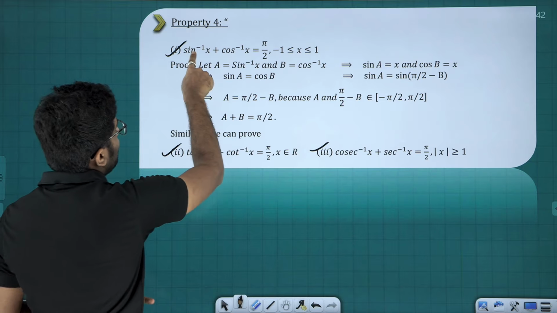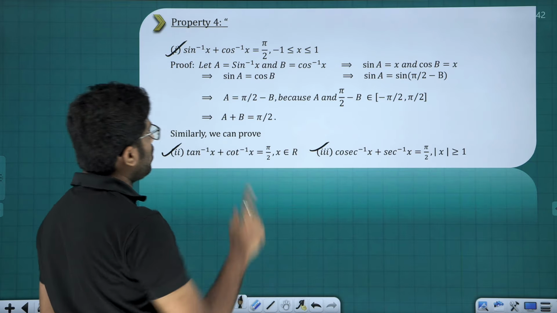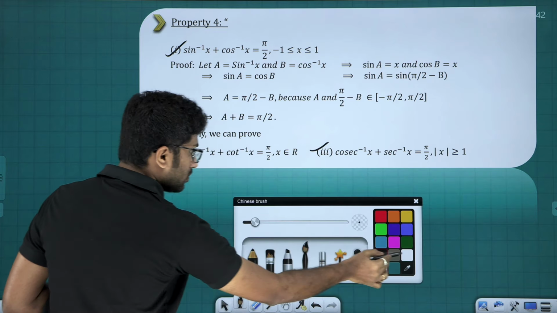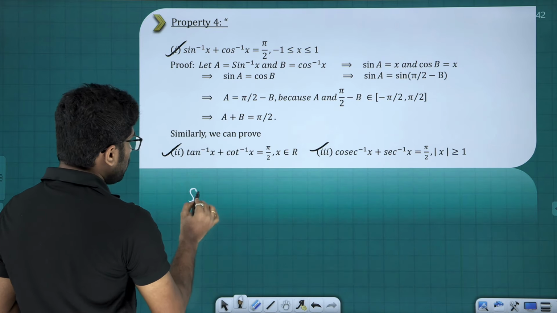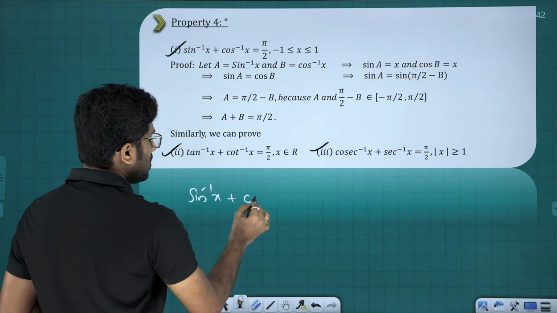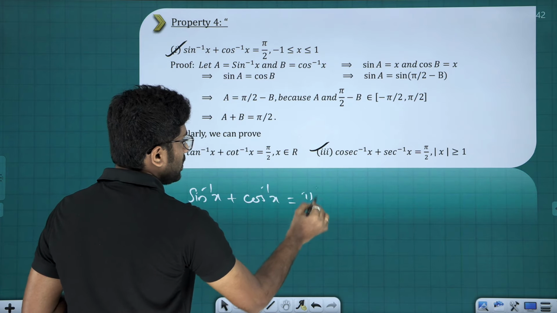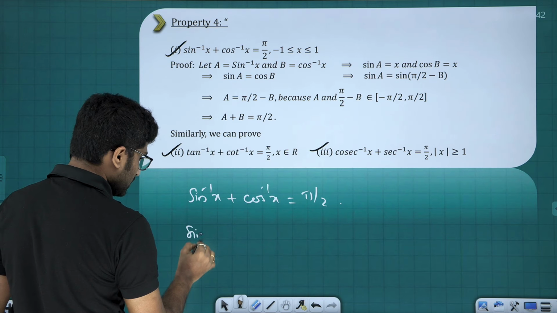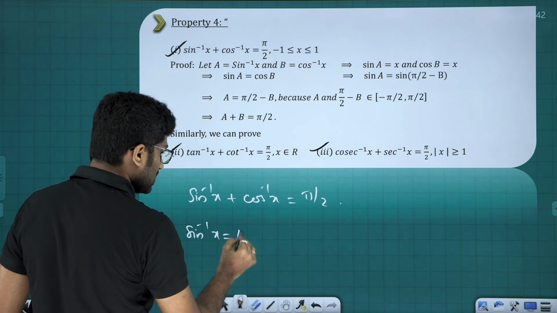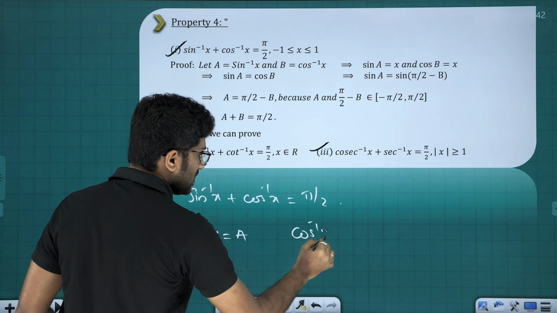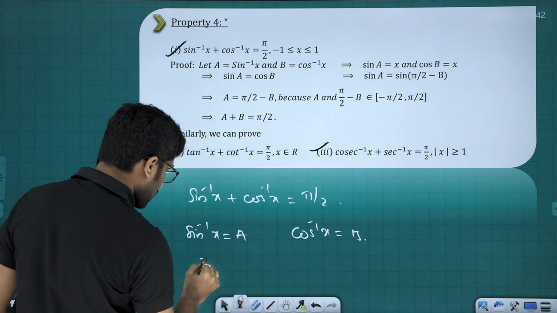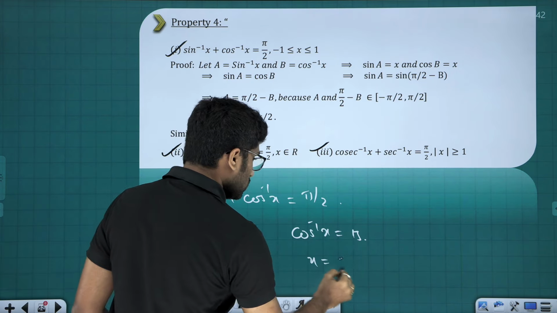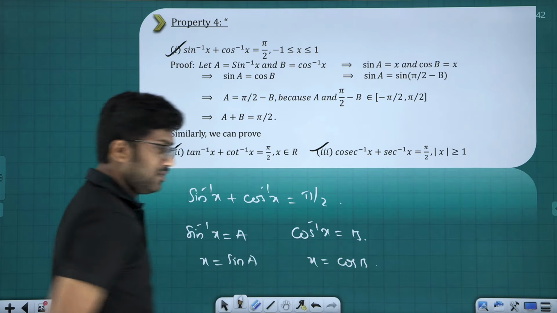So already I have given. If we take sin inverse x as A and cos inverse x as B, then the proof: sin inverse x plus cos inverse x is equal to pi by 2. First let's take sin inverse x is equal to some A and cos inverse x is equal to some B. So from here we can say x is equal to sin A, x is equal to cos B. Okay.